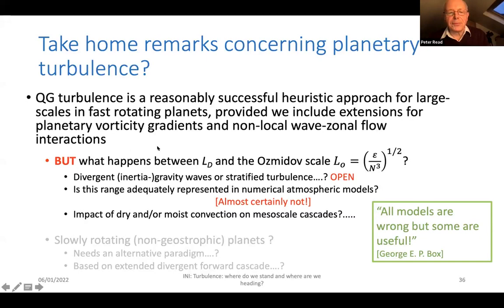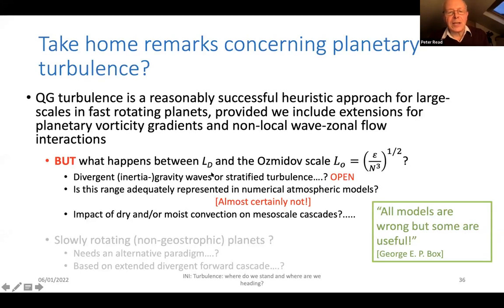But there are still a lot of questions and challenges about what essentially happens between the deformation radius scales and the very small scales, essentially the Ozmidov scale, the ultimate limit beyond which you expect the flow to develop into direct, fully three-dimensional turbulence.